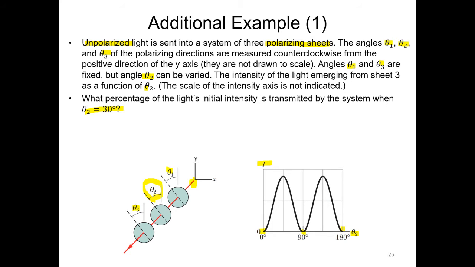Otherwise, there's no point where the intensity should be 0, because we have the factor cosine square theta.